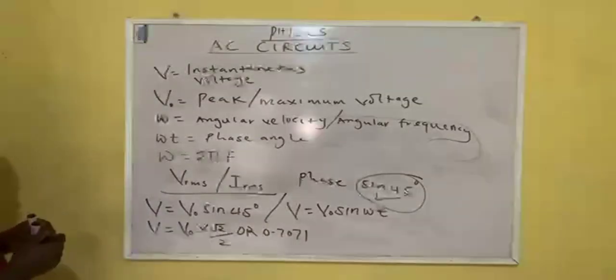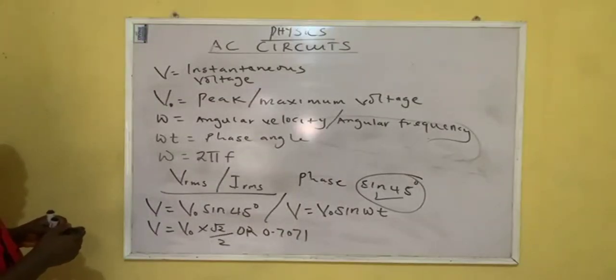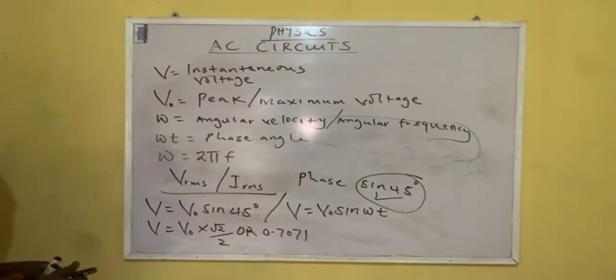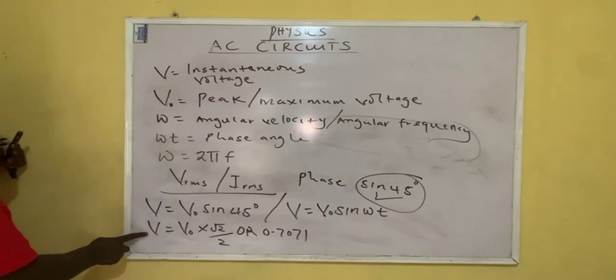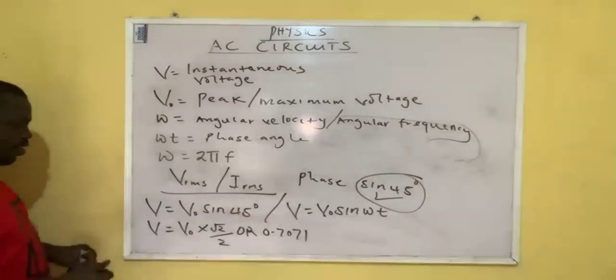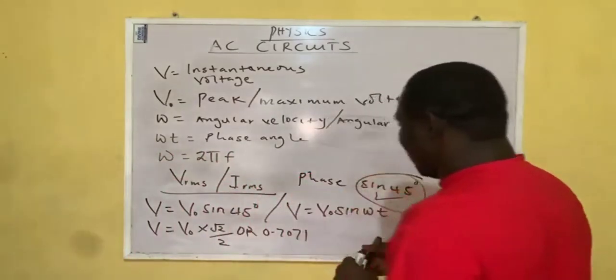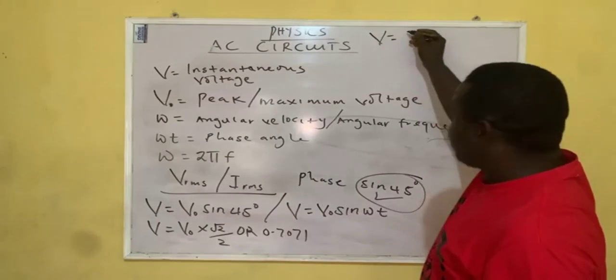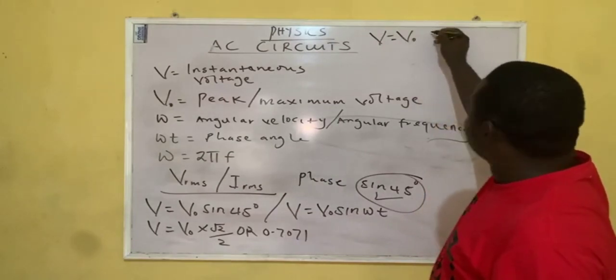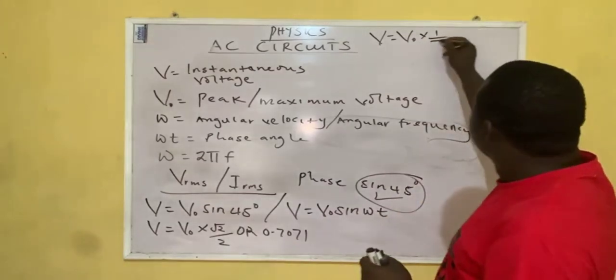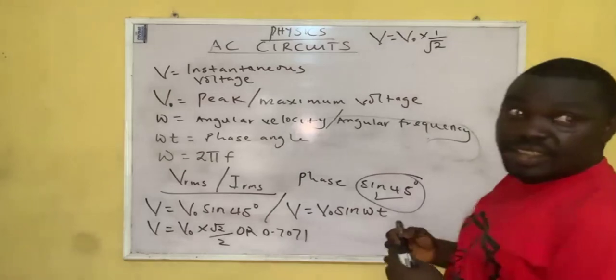Is that allowed? Okay. So can I say that if you have something like this, my instantaneous voltage and my root mean square voltage, maybe I should do it this way. Some students may be wondering what I did. I'd like you to know that what I did is the same thing as this.